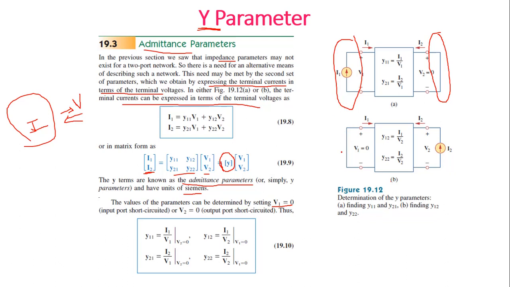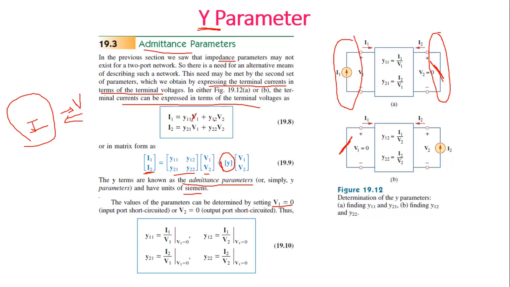It means that we are short circuiting the input terminal. Or if V2 is equal to 0, we are short circuiting the output terminal. So either we short circuit the input terminal or the output terminal to obtain the Y parameters.